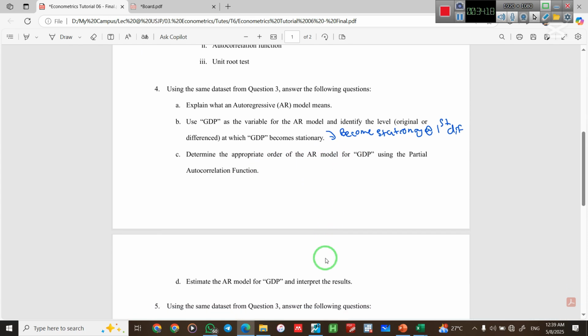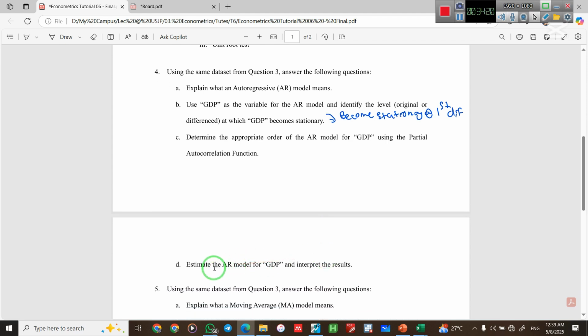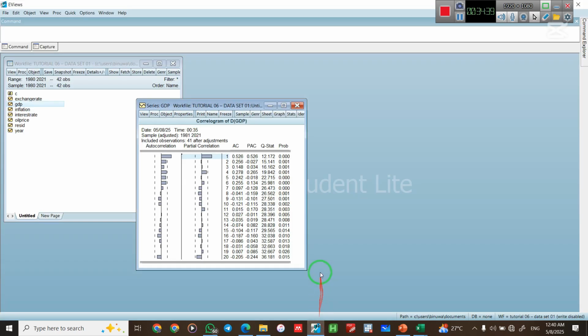In part D, it is asked to estimate the AR model for GDP and interpret the results of your output, right? So now we have to run the AR model for GDP and then interpret the results in the estimated window. To do that, I will go to my EViews.